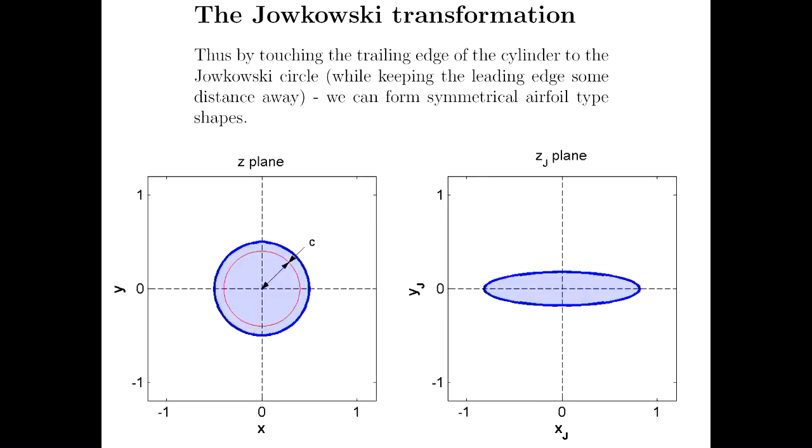Now when I fix C and move my circle, so C is fixed here and I'm moving my circle, when my cylinder touches the Joukowski circle, look what happens in the transformed plane.